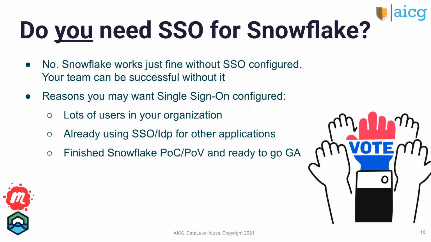Also, if you've already done a POC or a POV and you're really trying to go, let's call it GA, general availability of Snowflake within your organization, let's call it going into production.